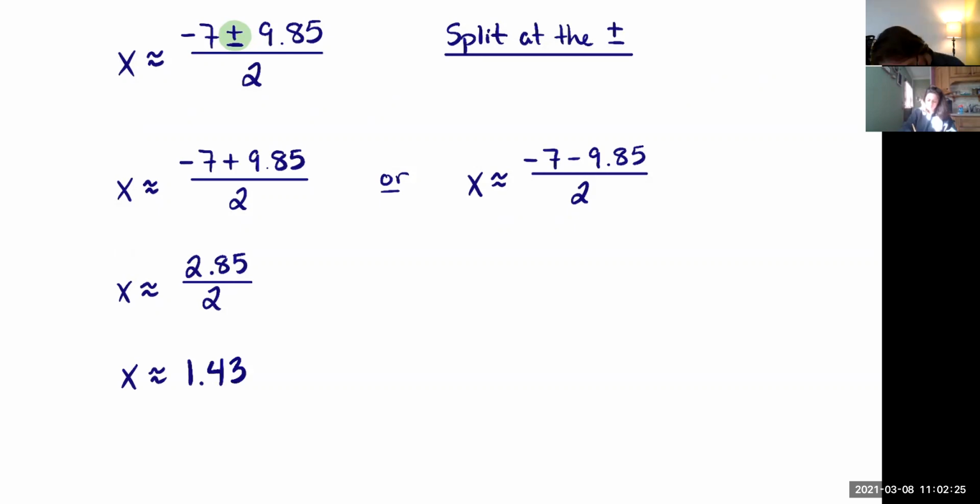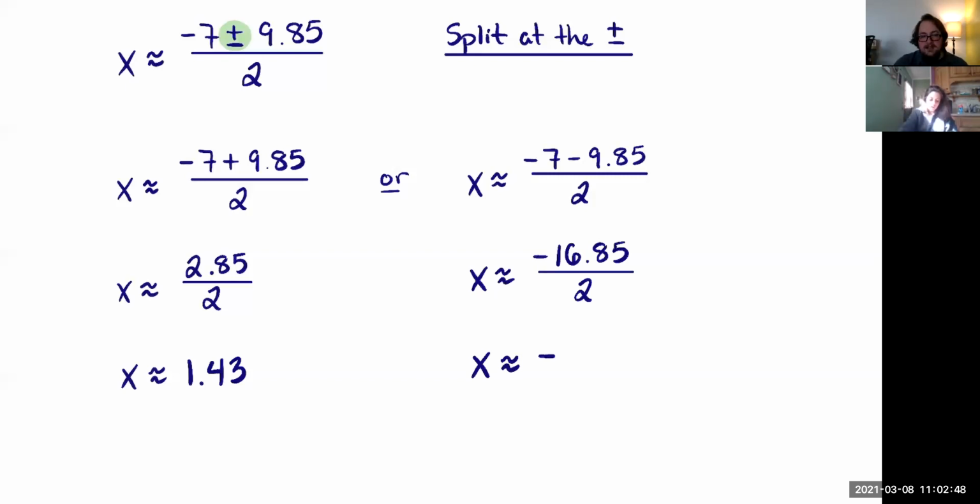Did you get the same, Leanna? Yeah. Okay. Moving on to the second one, x is approximately -7 minus 9.85, I believe gives us -16.85 over 2. And when you divide that by 2, I know it's negative.